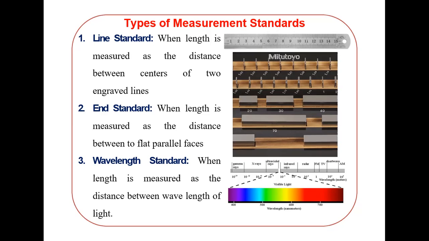We can take the scale as the best example. Steel rule or scale can be taken as the best example for the line standard. You can see it in the picture also. They are inscribed between the two engraved lines.